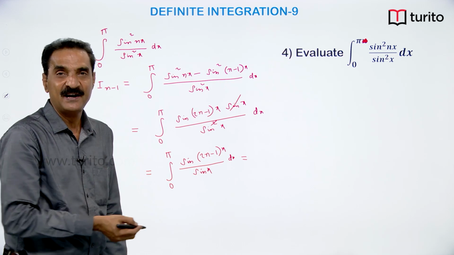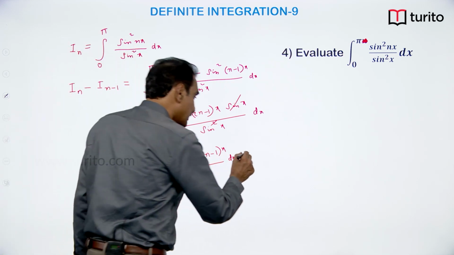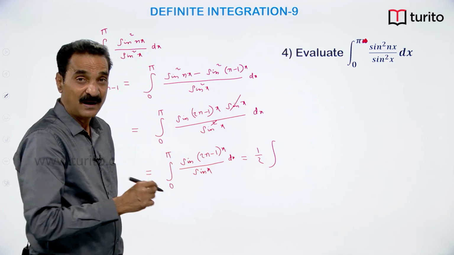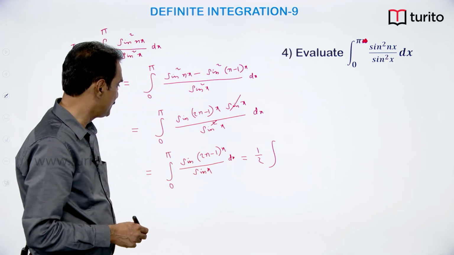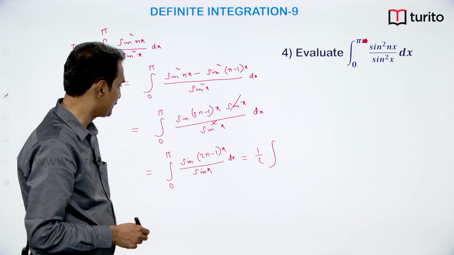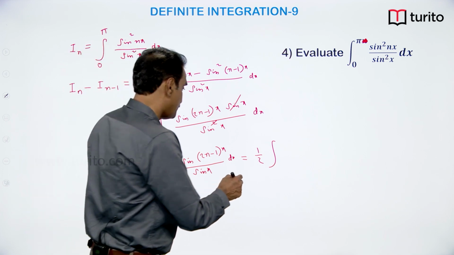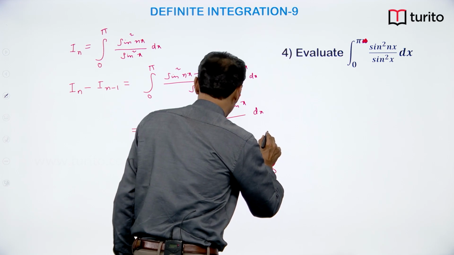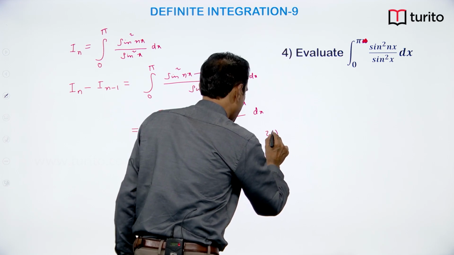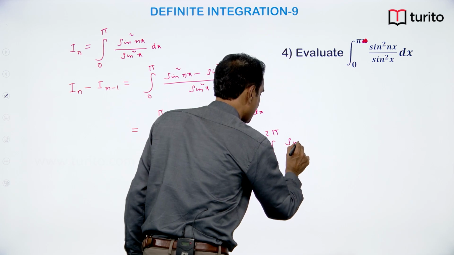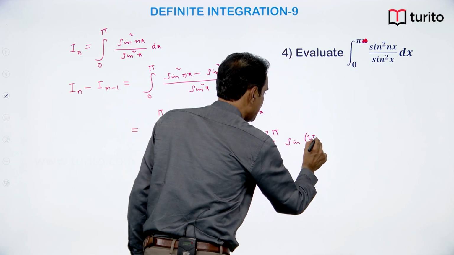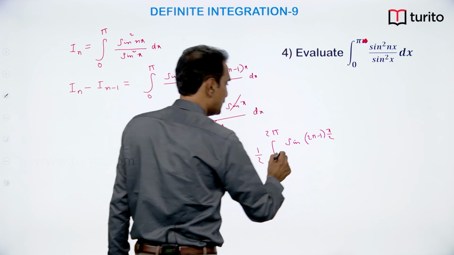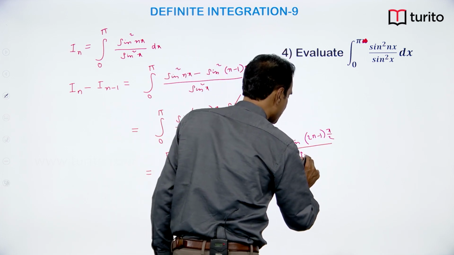If you want to divide x by 2, then we have to divide the integral by 2 and multiply the limits by 2. So, you will get 0 to 2 pi sine of (2n minus 1) x by 2 by sine x by 2.